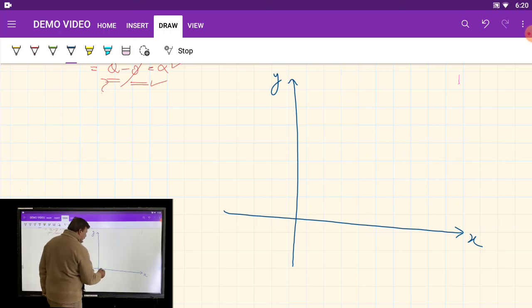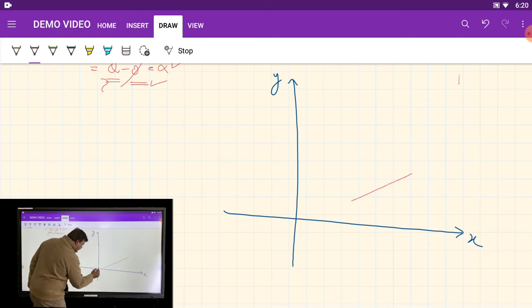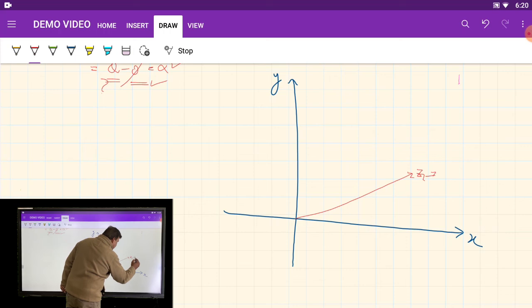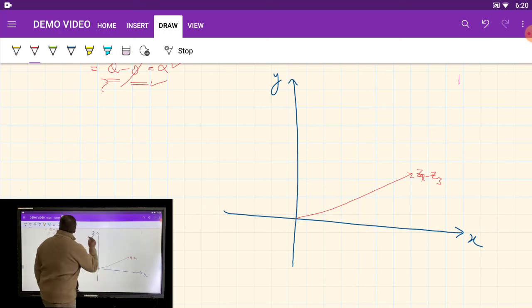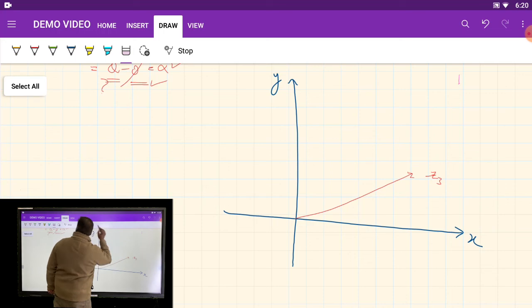And here you have this complex number, this one. And this head would now be termed as Z1 minus Z3. Am I right, students? I think this is slightly not clear. I'll make it clear. Z1 minus Z3.